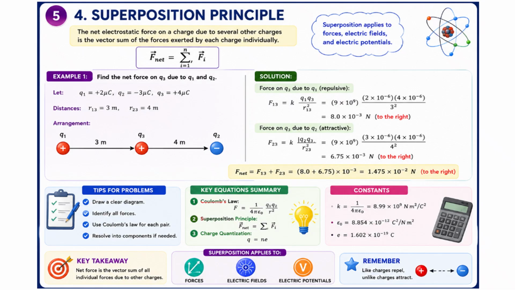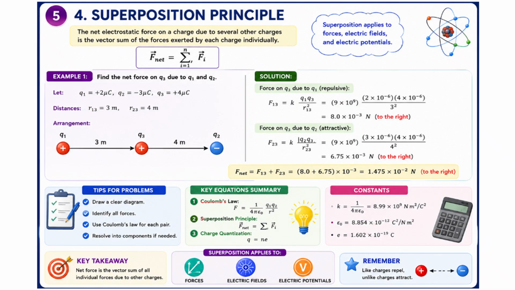So we substitute the values and obtain 8.0 times 10 to the power minus 3 newtons to the right. Why to the right? Because Q1 and Q3 have a repulsive force, and the force on Q3 is due to Q1.